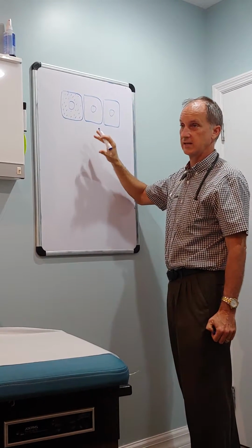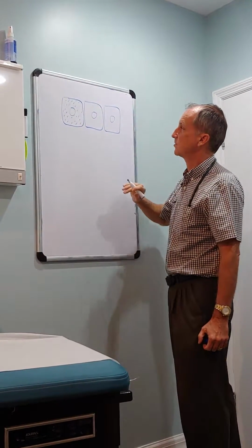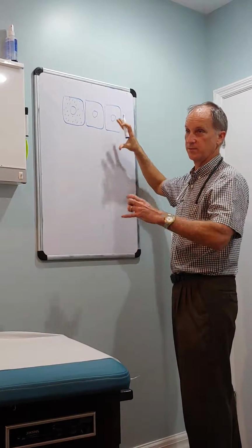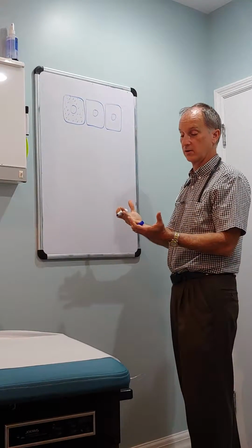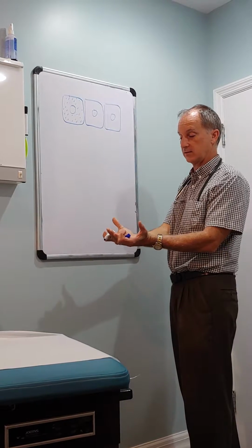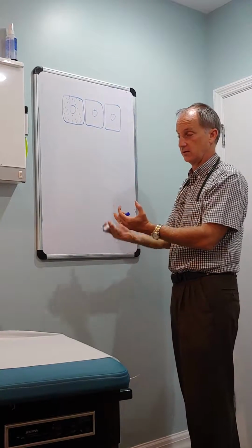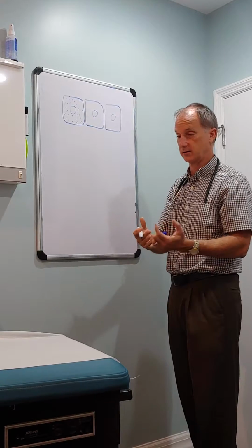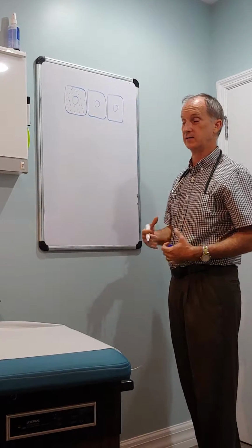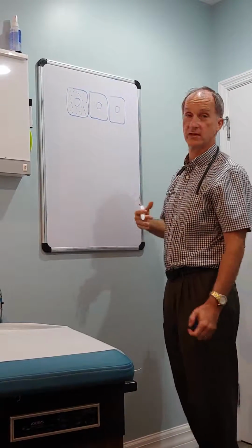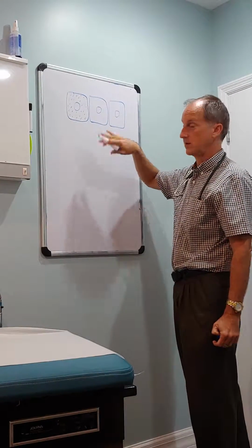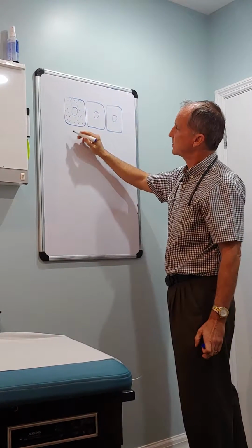But looking at cells, if this is a normal cell structure, depending on the shape of the cells and how they're put together, we can actually look at the cells and tell, oh, this is a lung cell, this is a gastric lining cell, this is a liver cell or whatever. So this is when they're normal.